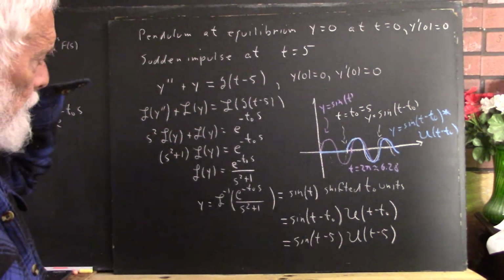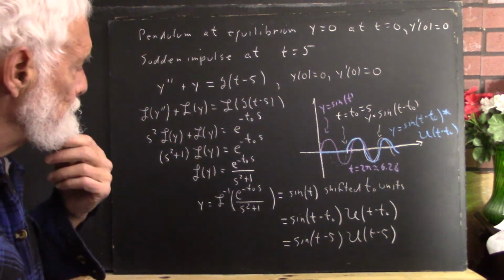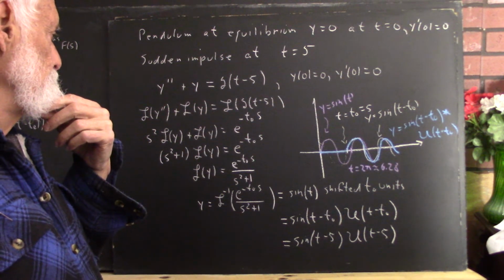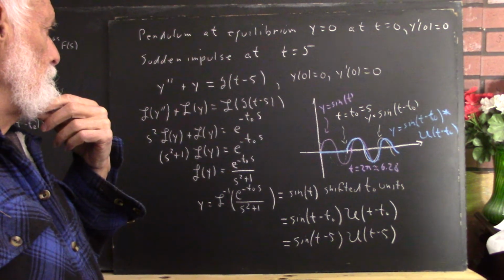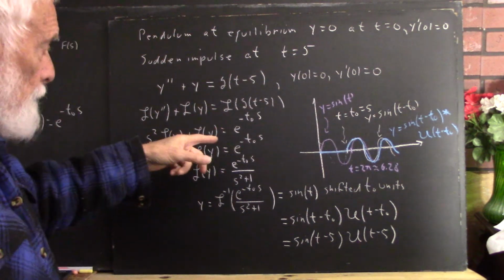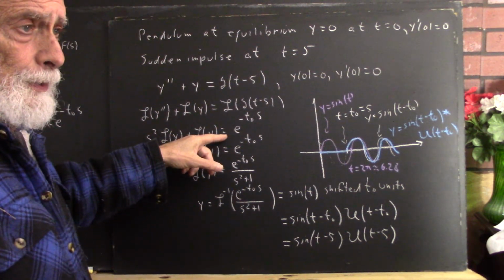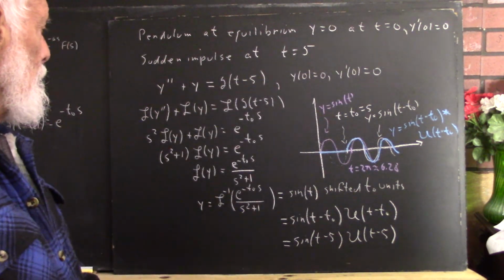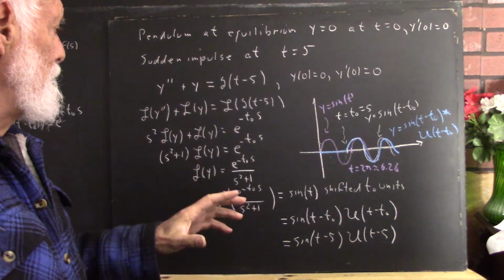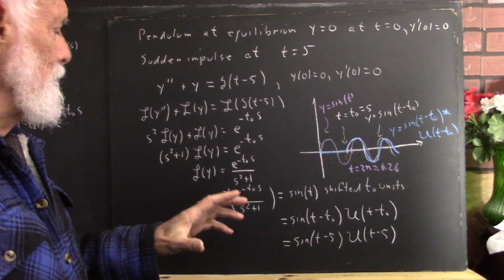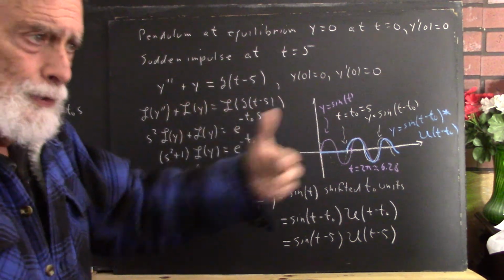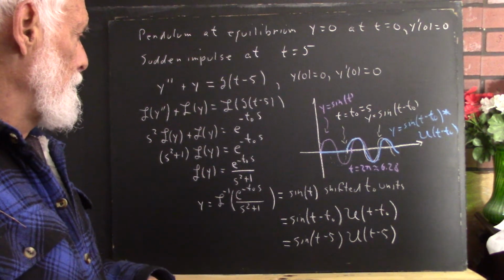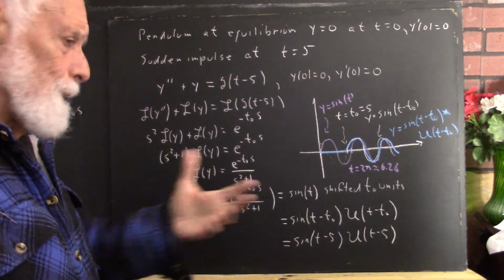The other thing is, of course, when you multiply any function times e to the negative alpha t, the effect is going to be to shift the graph, as we've seen.